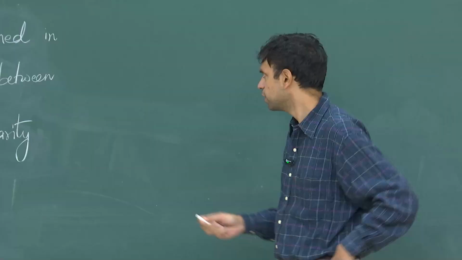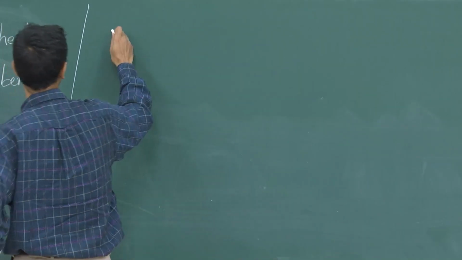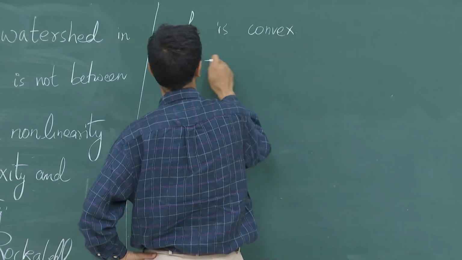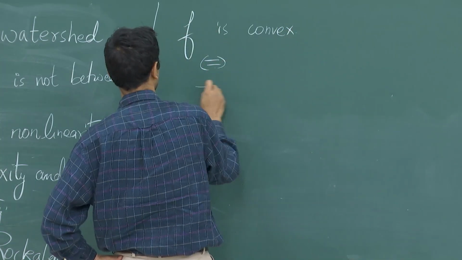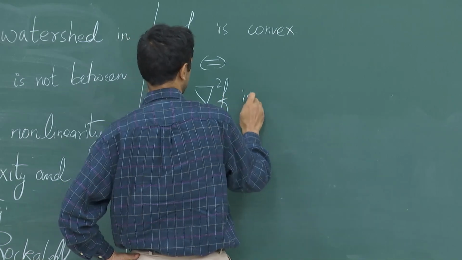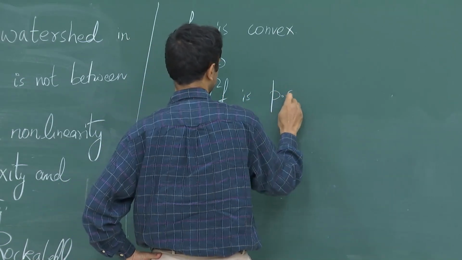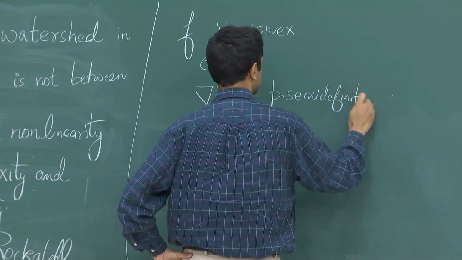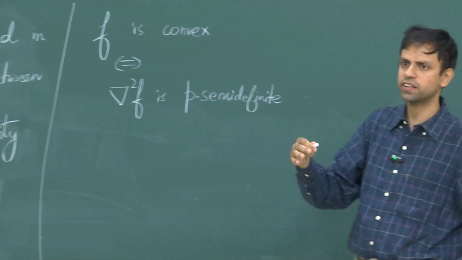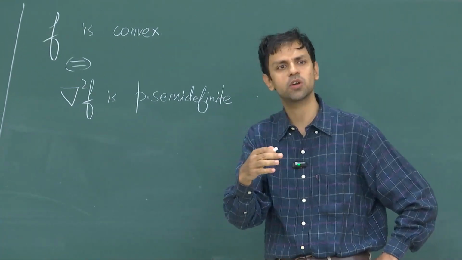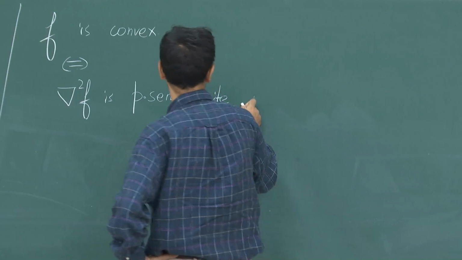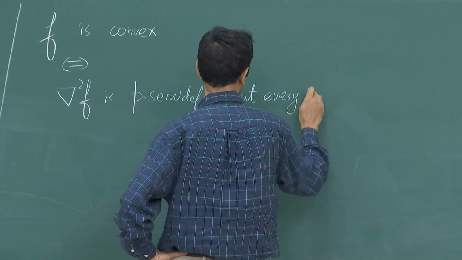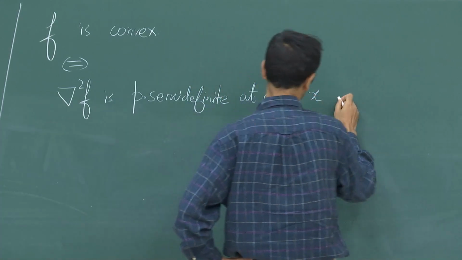So f is convex if and only if the Hessian of f is positive semi-definite at every x in the domain of f, okay.